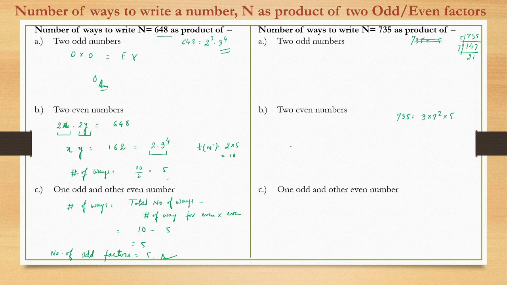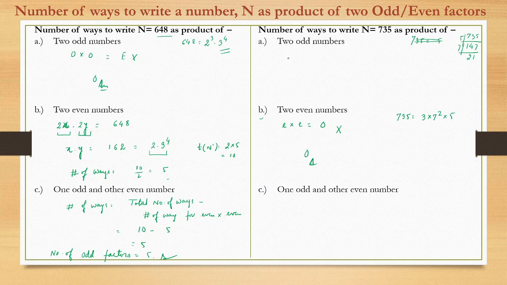So now first of all let's attempt the B part, two even numbers. Can the product of two even numbers give an odd number? Even into even is odd. This is not possible. So this will be 0. There won't be any case where two even factors multiply to give a number which is odd. Not possible.